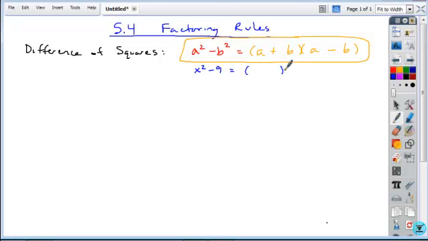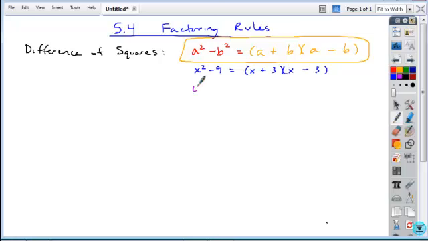If you identify what those bases are, x and 3, it just factors into the sum and difference of those bases. Hopefully that looks familiar to you. What you're going to start to see are some that get a little more complicated with respect to this same pattern.